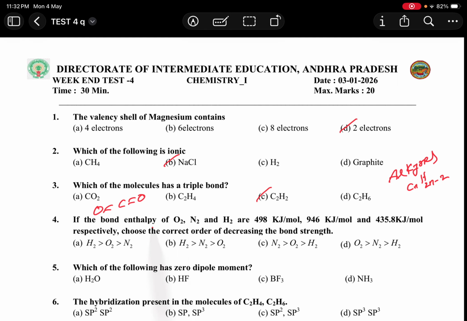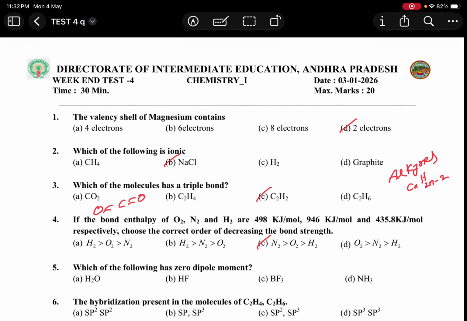Bond enthalpy is directly proportional to the bond strength. Bond enthalpy is more for nitrogen, that is 946. Next, higher value is for O2. Next for H2. So among the given options, highest value nitrogen is given in option C. So N2 is greatest. This is the decreasing order of bond strength.